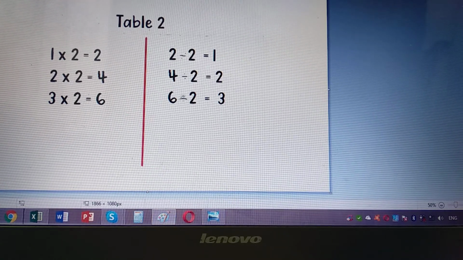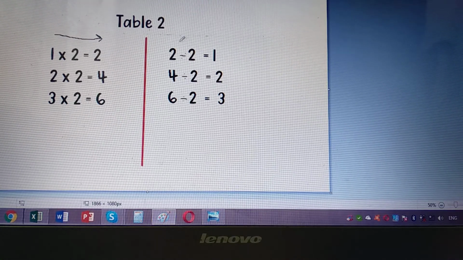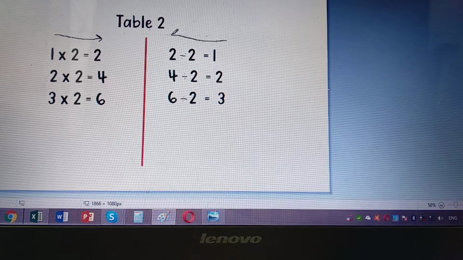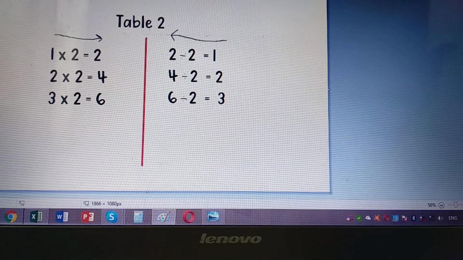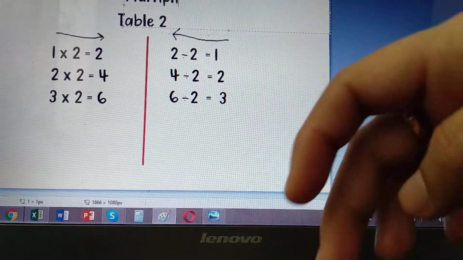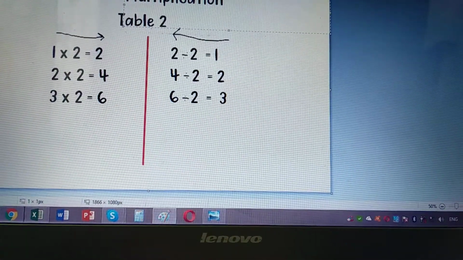As you can see, in multiplication it goes 1, 2, 2 this way, but for division, 2 to 1, the reverse version is just going this way. That's what I meant by the reverse version of multiplication.